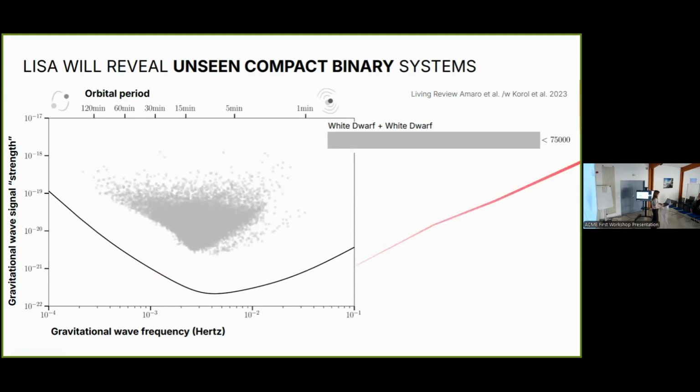And here I will be showing you an upper limit on our estimates. So we expect tens of thousands to be detectable with LISA. And I'm showing you only those with a certain signal to noise ratio. And this is why you see a gap here between the cloud of the gray dots and the LISA sensitivity curve.